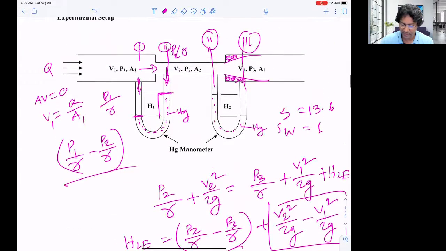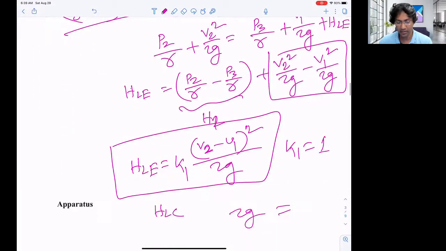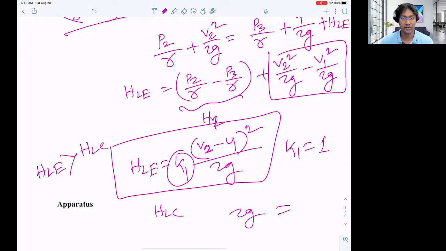For this section and the expanded section, and then we are taking the square and then dividing by twice G. So we are just taking the difference between the velocities, calculating the velocity head, and multiplying this with a constant K. So this is how we can calculate the head loss due to sudden expansion, and that head loss must be greater than the head loss due to sudden contraction.